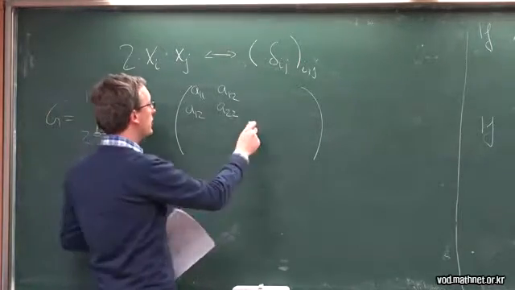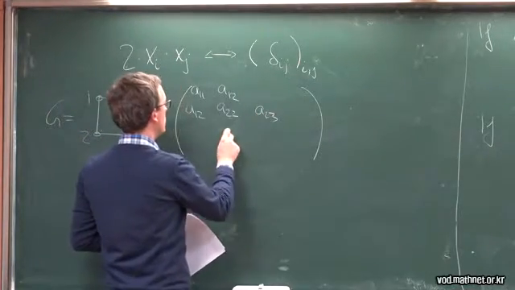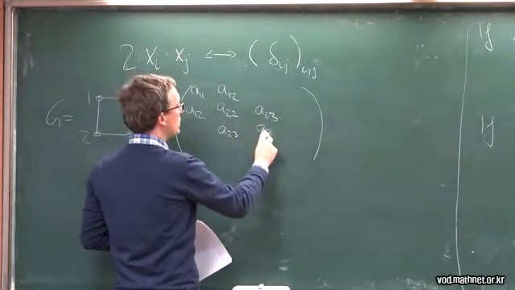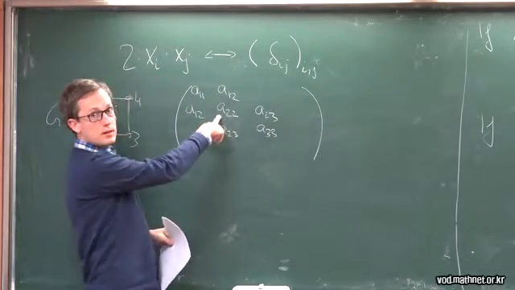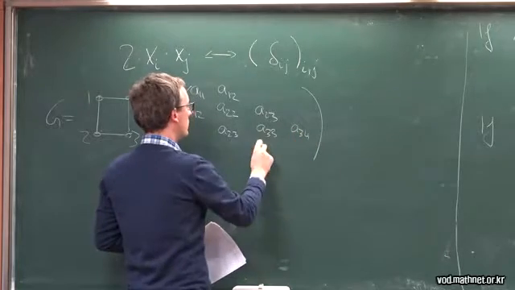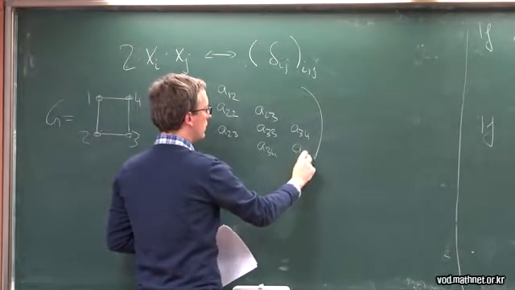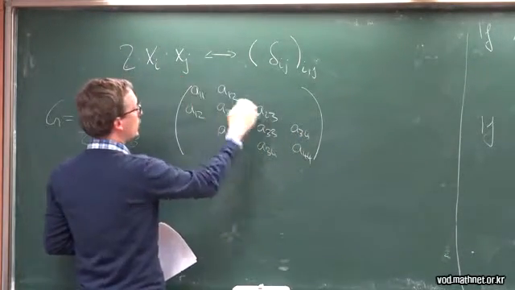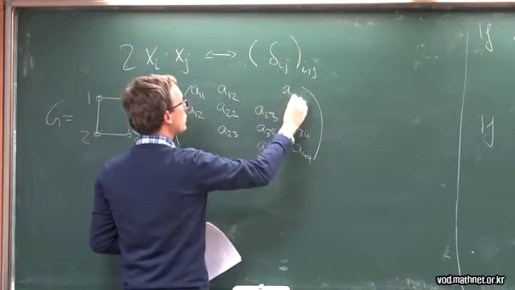And the same is true for the other lines. So this is the restriction to the line spanned by the 2nd and 3rd coordinate vector, 3rd and 4th, and then there's 1 and 4, which will give me this 2 by 2 block.